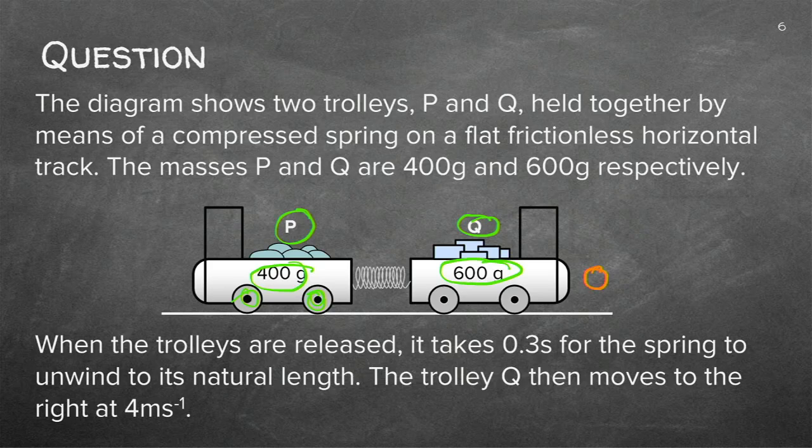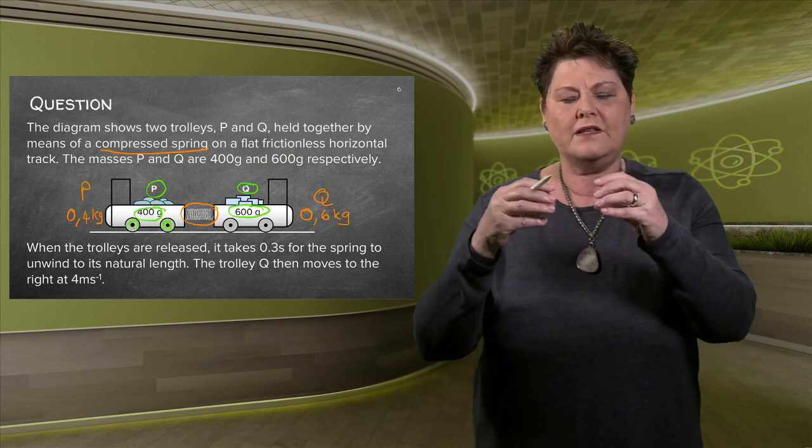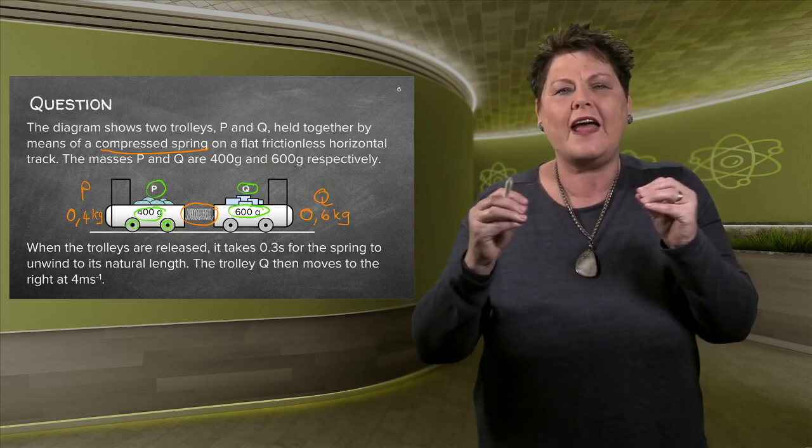So I've got a 0.6 kilogram trolley here, which is Q, and I've got P is 0.4 kilograms this side. This here is a spring. So it's a compressed spring. And if you haven't seen a spring yet, it's almost like an elastic band. It's lying there and you actually stretched it or it can compress.